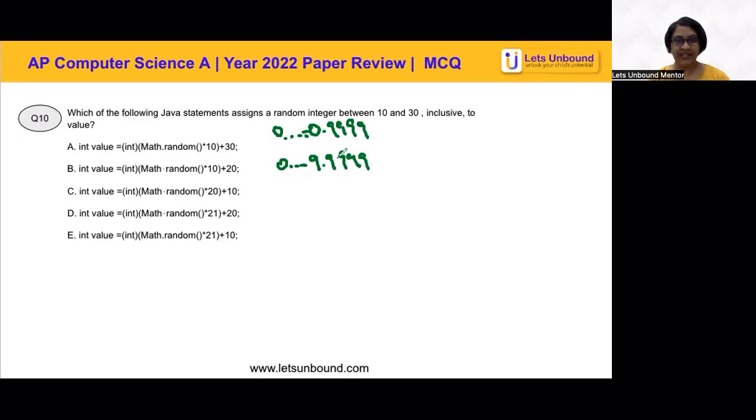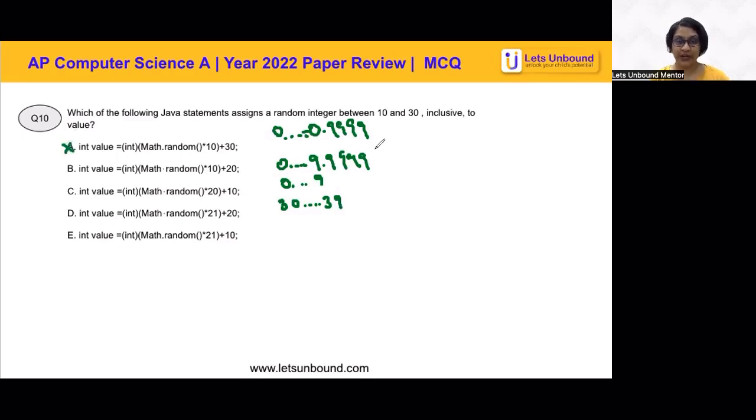Now, we will take the integer range, which comes out to be 0 to 9. Adding 30 to both the ends, 0 plus 30, 30. 9 plus 30, 39. So option A will give a random integer in the range 30 and 39. Of course, this is not what we need. So we will eliminate option A.